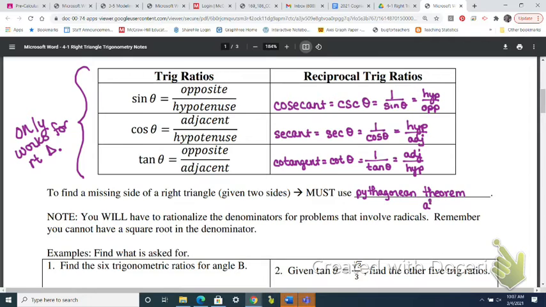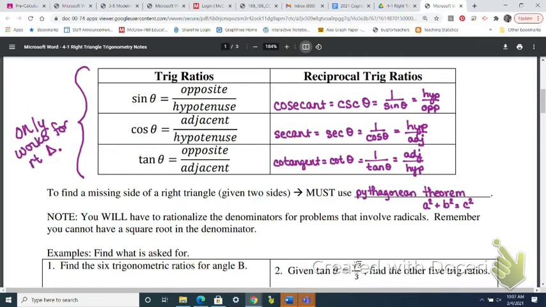So remember, this is a squared plus b squared equals c squared. You will have to rationalize the denominators today for problems that involve radicals. Remember, we can't leave a square root on bottom. So to bring it up, we need to multiply the top and bottom by that square root.